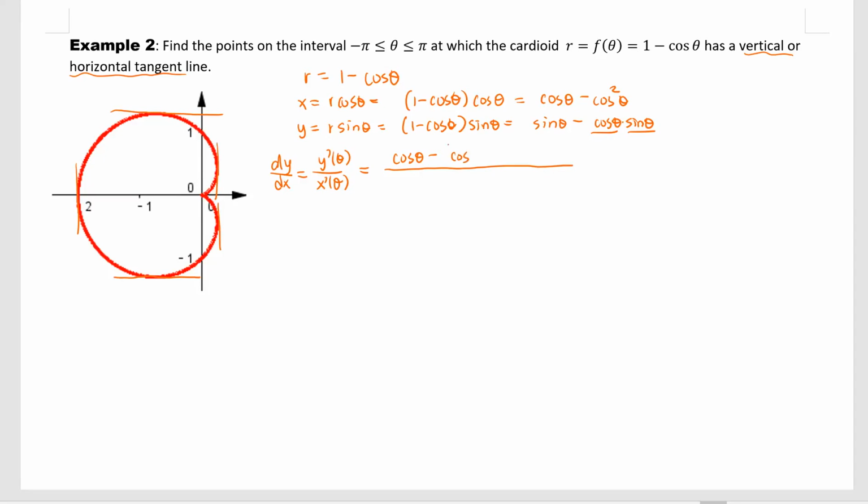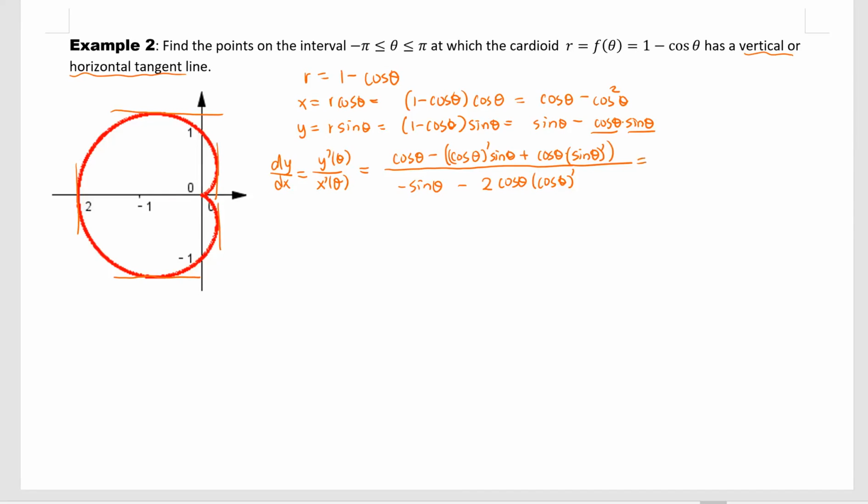Derivative of the first guy times the second guy plus the first guy times the derivative of the second guy. And then the denominator: derivative of cosine is minus sine, and derivative of cosine squared, that's the chain rule. So derivative of u squared is 2u times u prime.